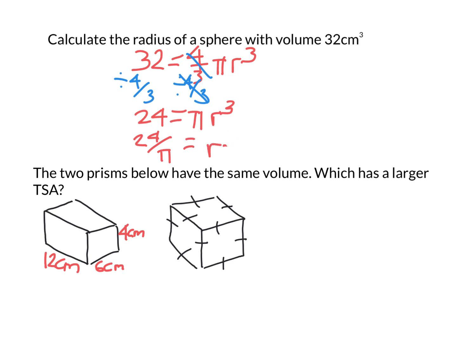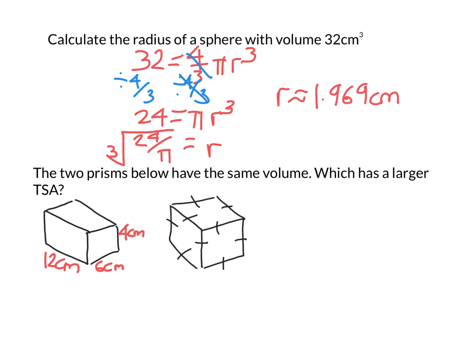So that, remember, the way I undo cubing is to cube root. So we put in our calculator cube root of 24 over pi. So I'll give my answer to 3 decimal places. This time r is approximately 1.969 centimeters, and we're done.